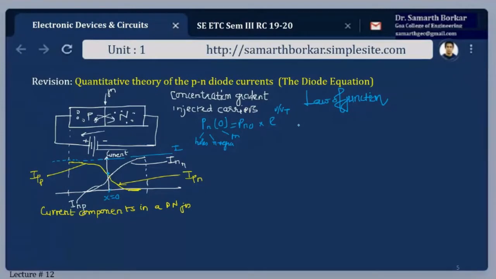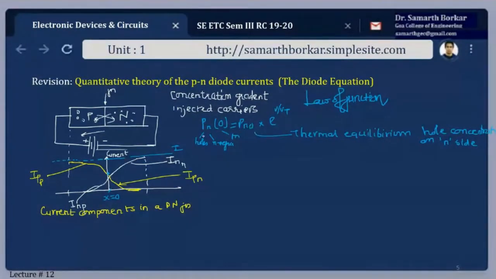Therefore the total concentration of holes in the N region varies with applied voltage. As I always mention, the graphs tell you so many things. Similarly the equation: Pno is a constant value, the thermal equilibrium value.